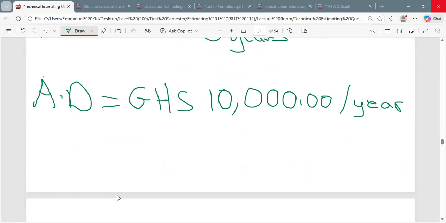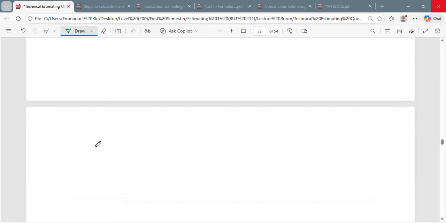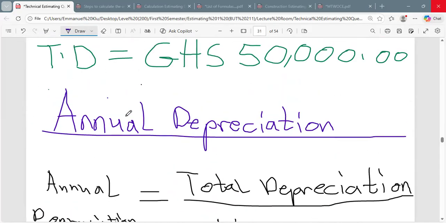So from the annual depreciation, what are we supposed to do next? The next thing we're supposed to do now is move to our what? Daily depreciation. Okay, good. So our daily depreciation, just as we did over here.